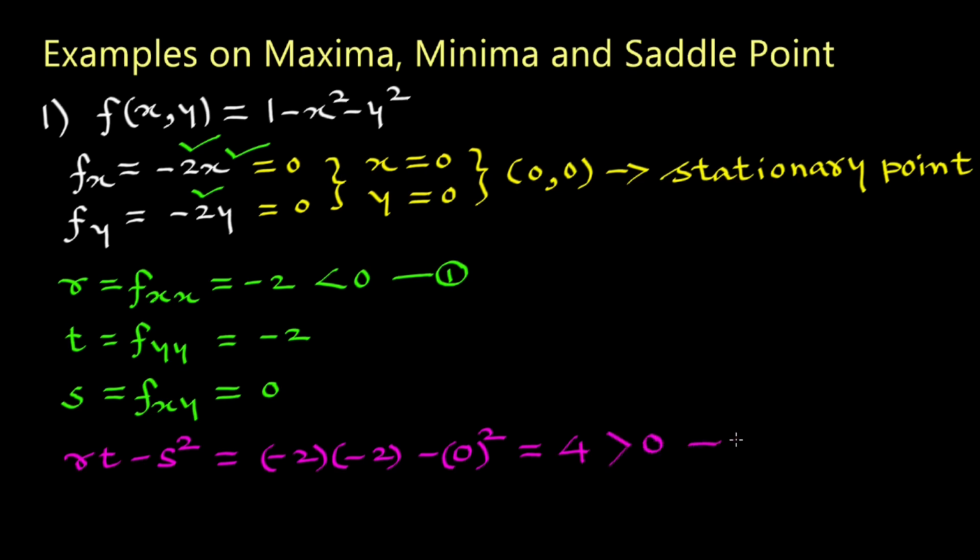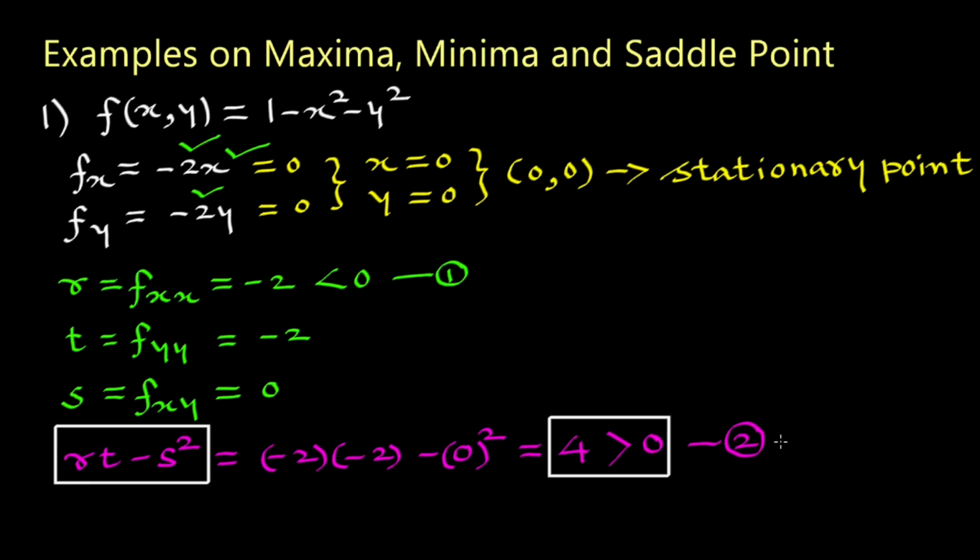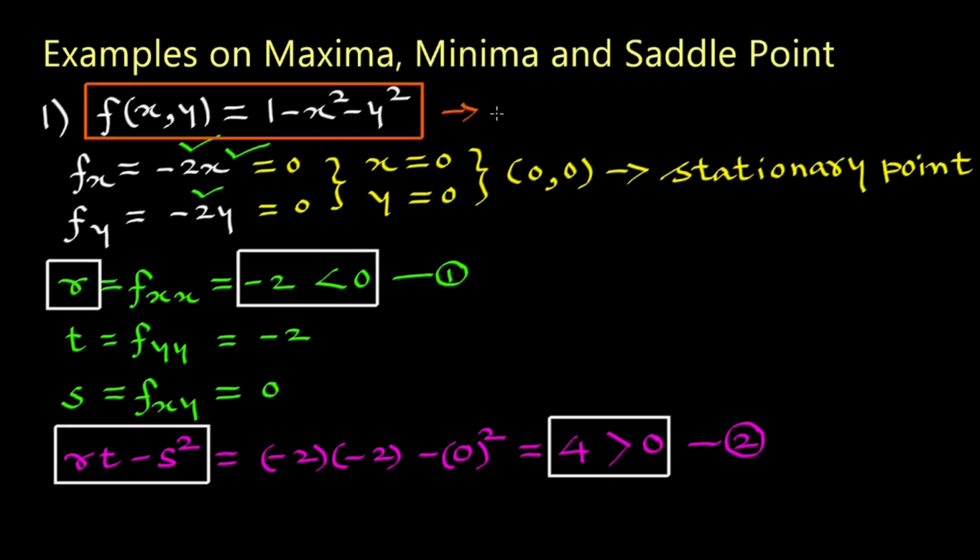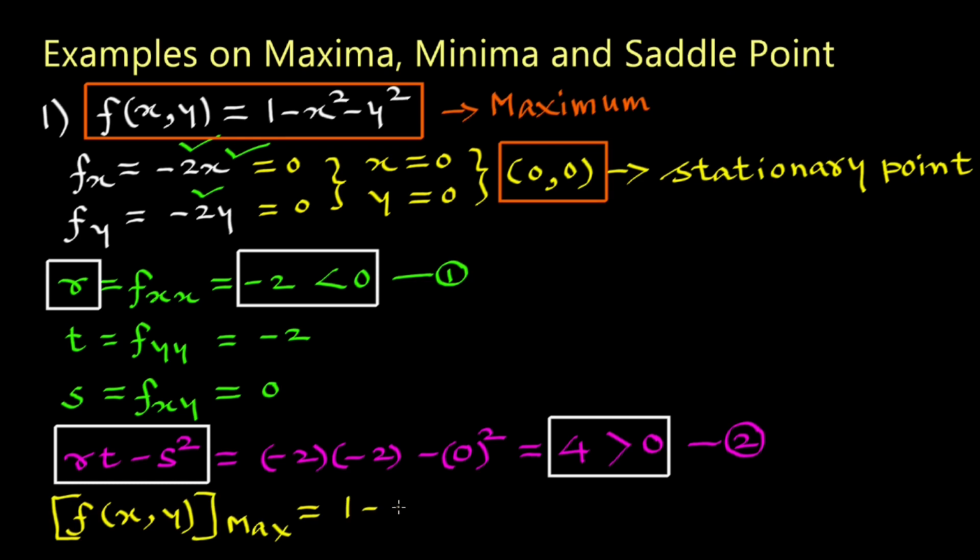We name this 2. rt minus s squared is positive, shows that the function has maxima or minima, and r is negative, shows that the given function is maximum at stationary point (0, 0), and the maximum value will be 1 minus 0 squared minus 0 squared, which is 1.